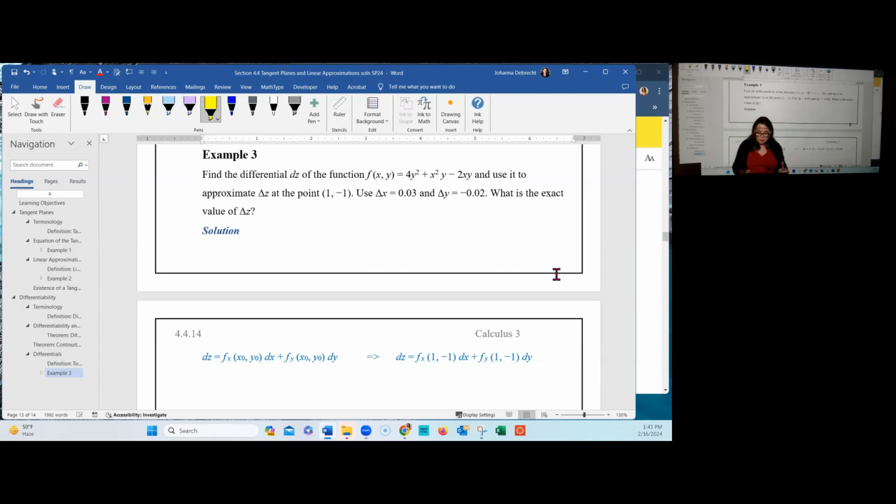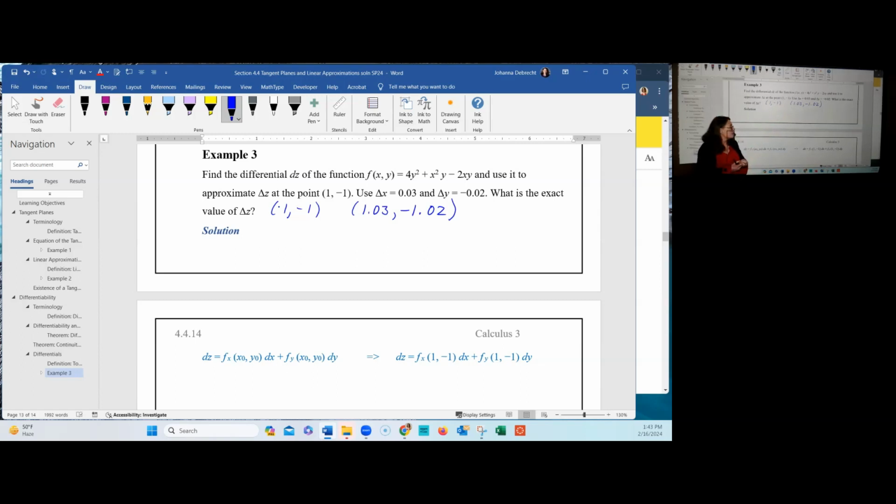In other words, we're comparing the value at the point 1, -1 with the value at 1.03, -1.02.